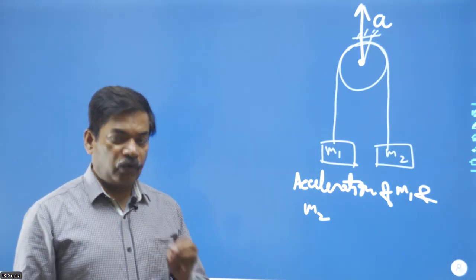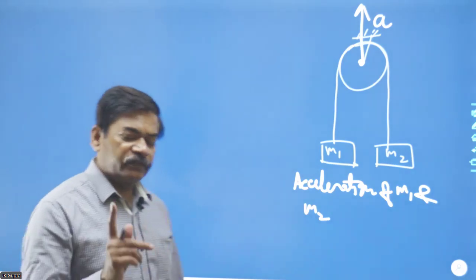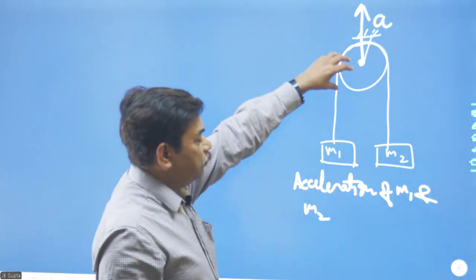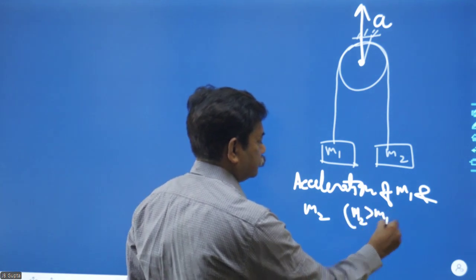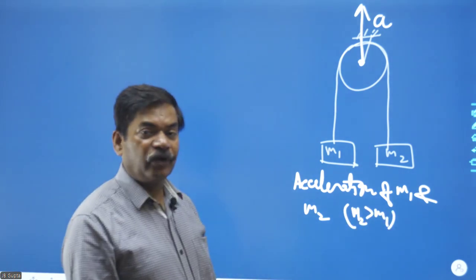So what is the concept here? With respect to pulley, suppose M2 is greater than M1.